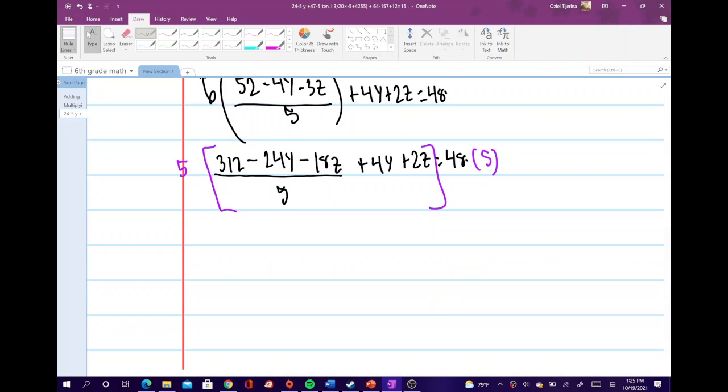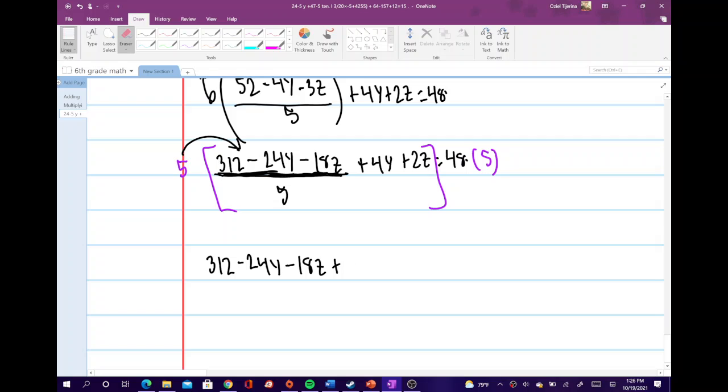Because this is a fraction, you're just going to put the numerator, the top number. So when you do this, it'll cancel out. So you're going to have 312 minus 24y minus 18z plus 4y plus 2z.